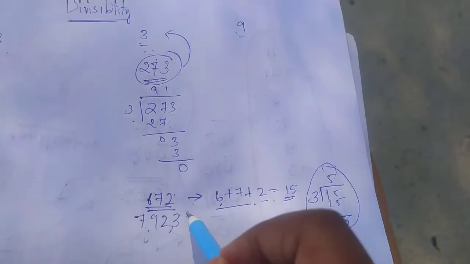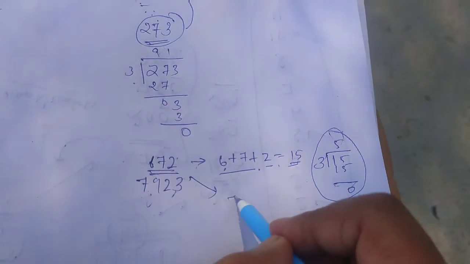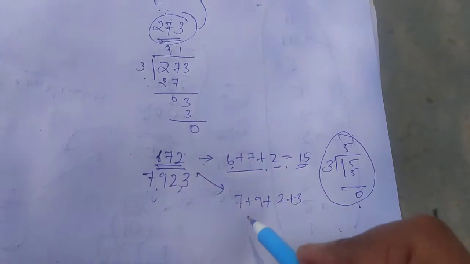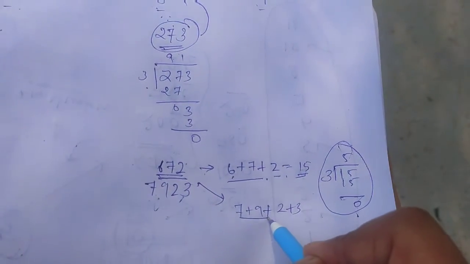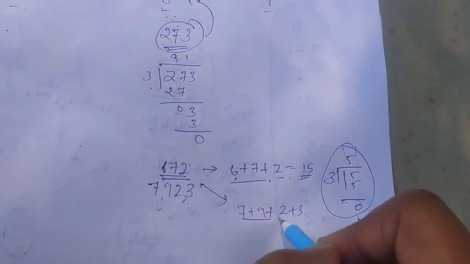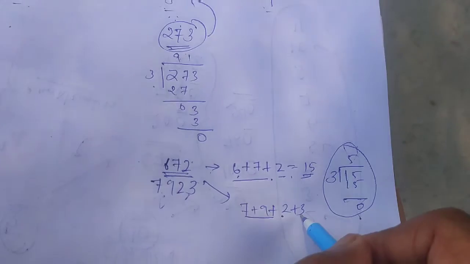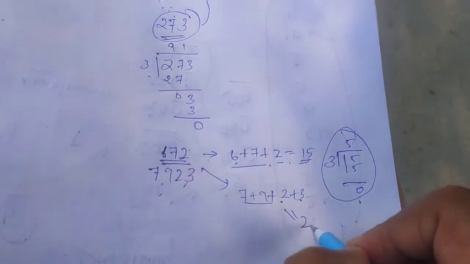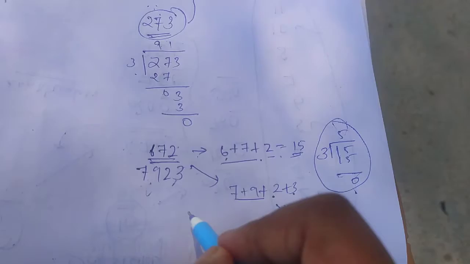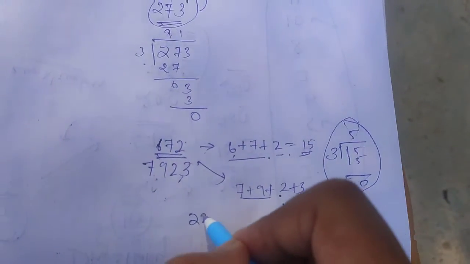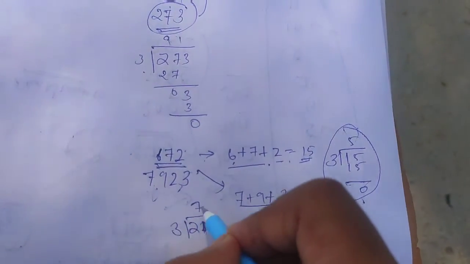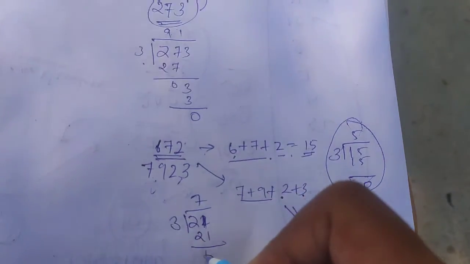If you take this number, 7 plus 9 plus 2 plus 3. 7 plus 9 is 16. 16 plus 2 is 18. 18 plus 3 is 21. So this again gives 21. 21 is divisible by 3, because 3 7s are 21.